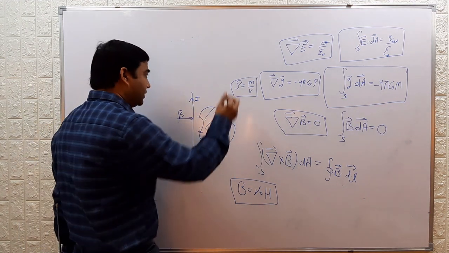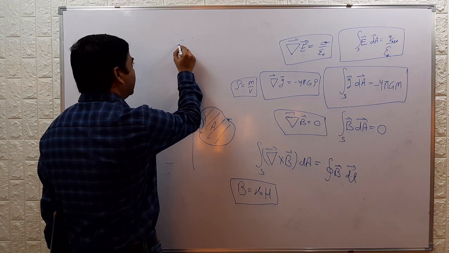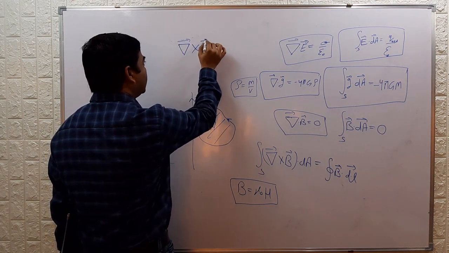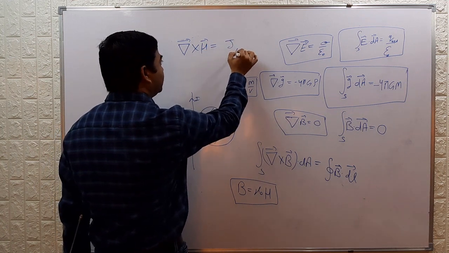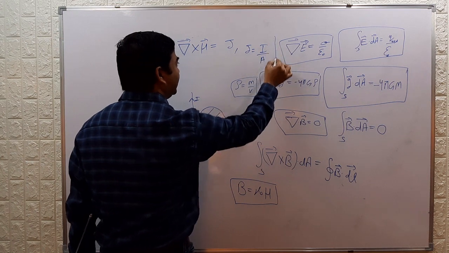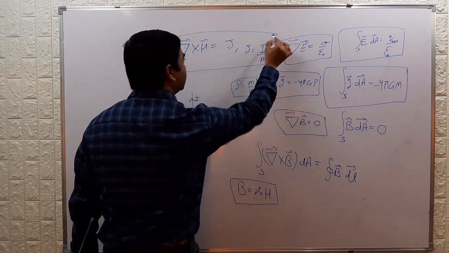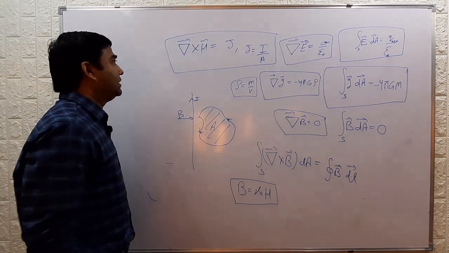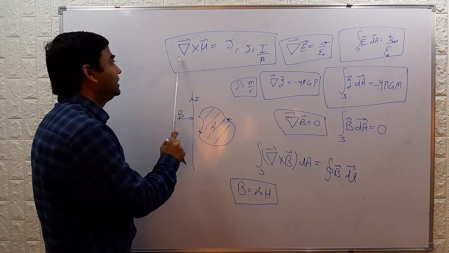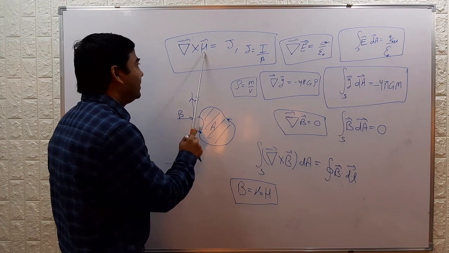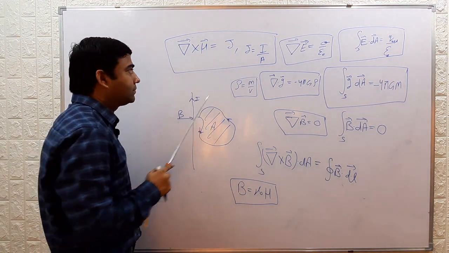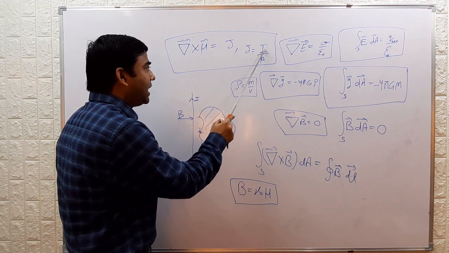By Maxwell equation, curl of H is equal to J, where J is current density, I by A. This is a special case of Maxwell equation for low frequency. Curl of magnetic intensity H is equal to current density, where current density is I by A.